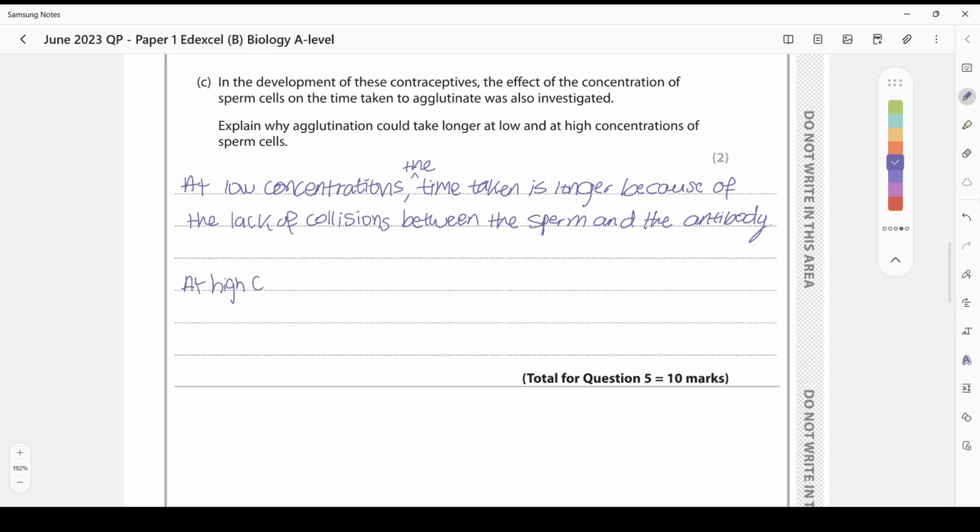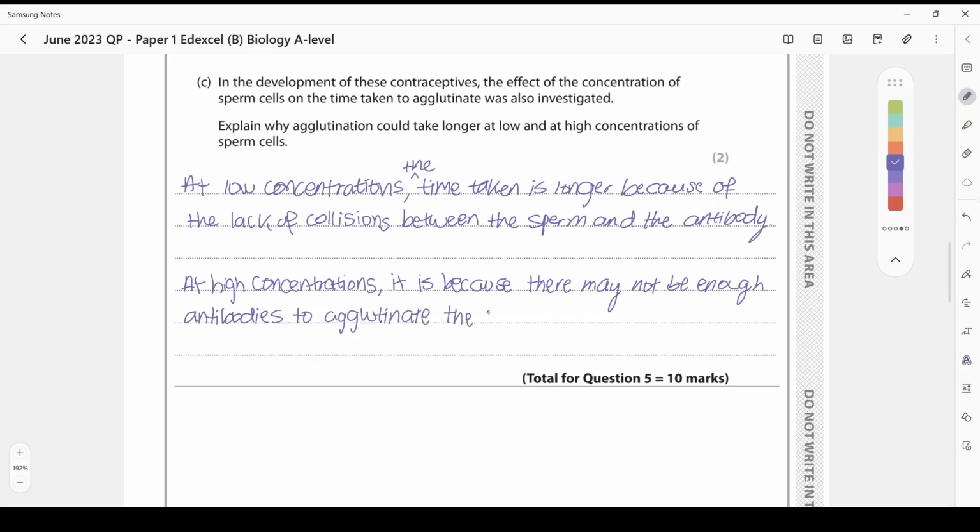At high concentrations, it is because there may not be enough antibodies to agglutinate the sperm cells.